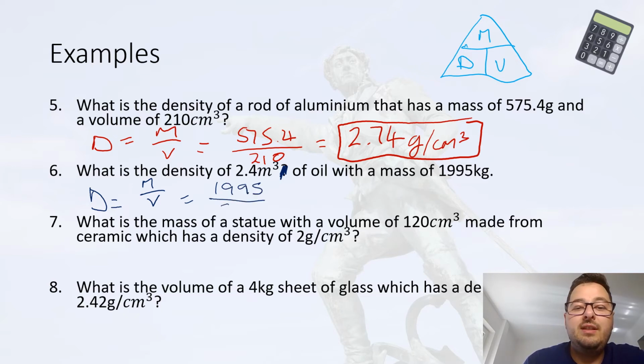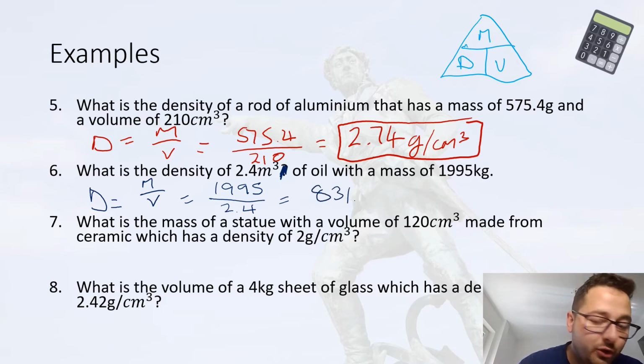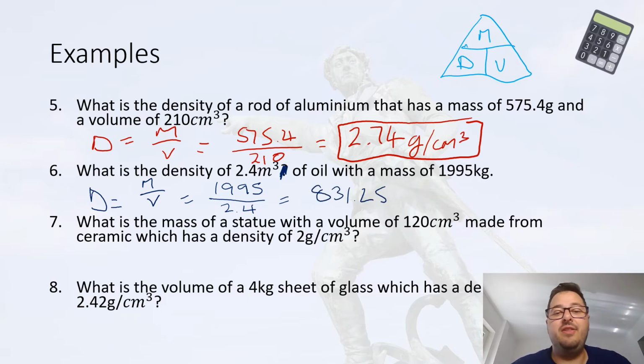The volume is 2.4. Okay, so again, we'll just use our calculator. So we've got 1,995 divided by 2.4. And we end up with 831.25, and the units are going to be kilograms per meter cubed.